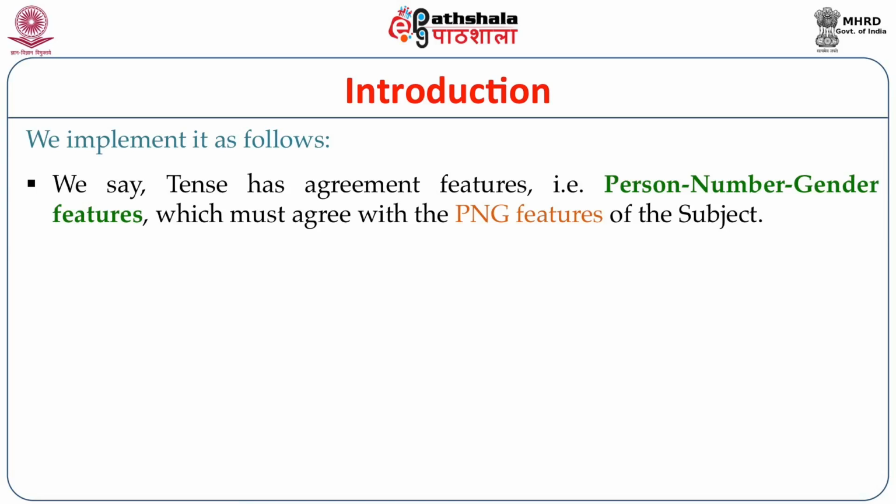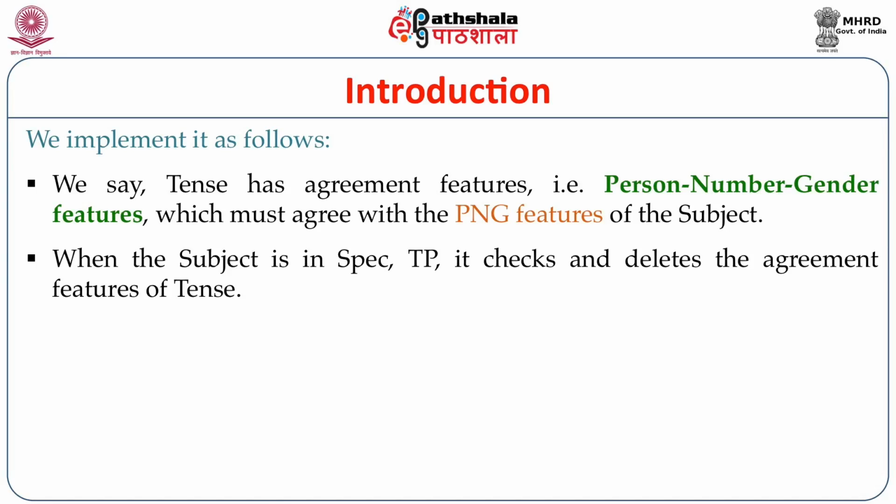It is this agreement of the tense's agreement features which show up on the verb when the verb adjoins to tense. When the verb adjoins to tense, it picks up not only the tense morpheme but the agreement morpheme also. So in the tense head, also called the inflection head, there are both tense and agreement features.